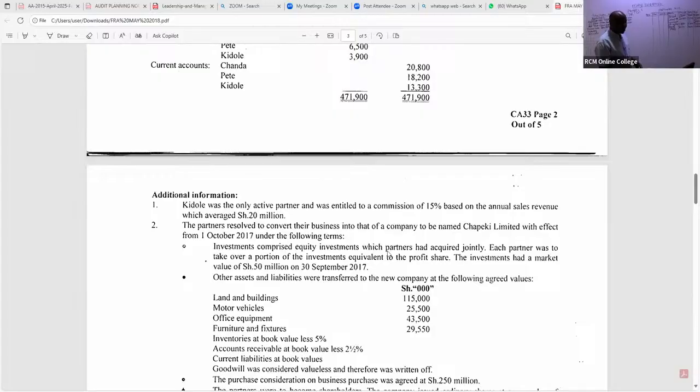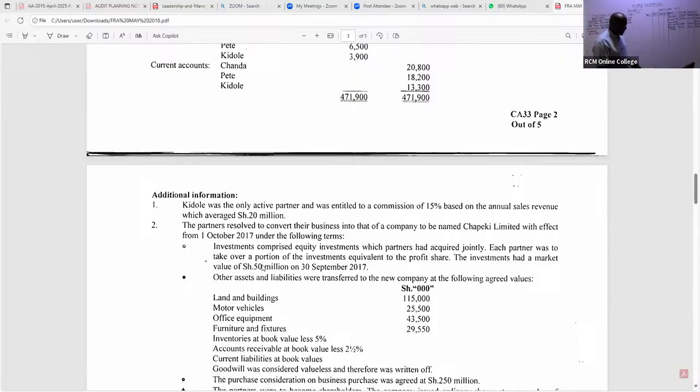Each partner was to take over a portion of the investments equivalent to their profit share. The investments had a market value of 50 million.